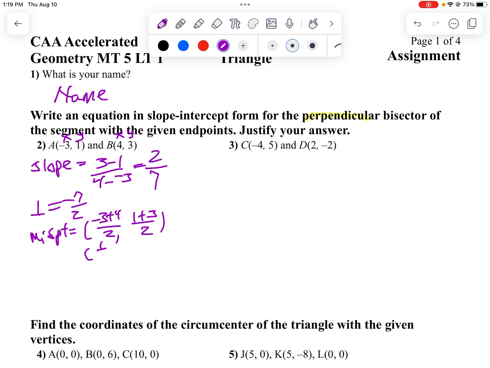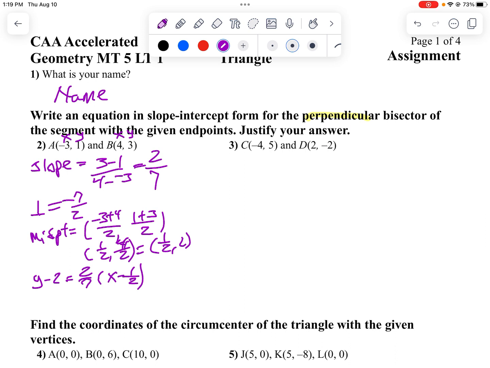So I get 1/2 and 4 over 2, which is going to be 1/2 and 2. Now, since I have a point and a slope, I think I'm going to write that in point-slope form, although I know my final answer needs to be in slope-intercept form. So I'm going to say y minus 2 equals 2/7 times x minus 1/2.